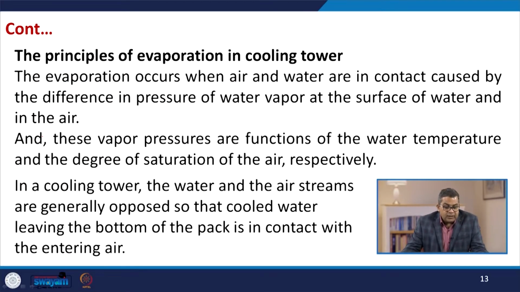Now, when we talk about the principles of evaporation in a cooling tower, evaporation occurs when air and water are in contact, usually caused by the difference in pressure of water vapor at the surface of the water and in the air. And these vapor pressures are functions of the water temperature and the degree of saturation of the air respectively.